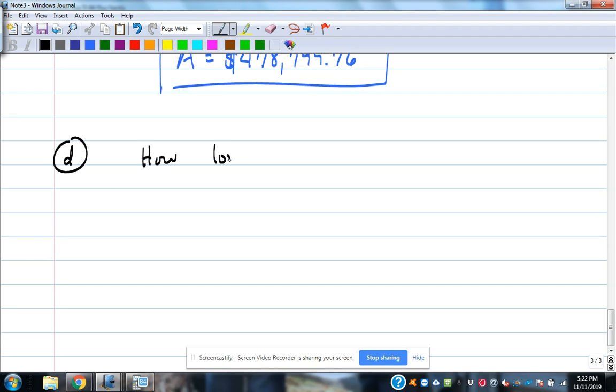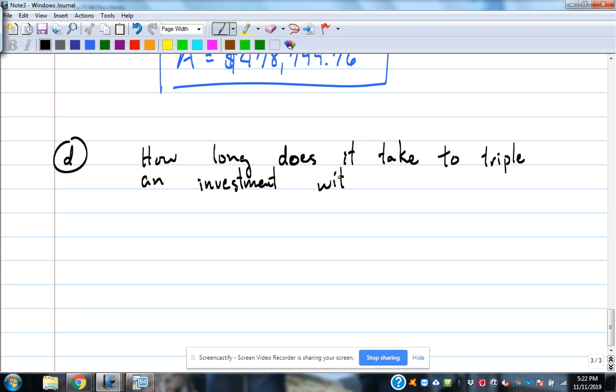How long does it take to triple an investment with 2.75% continuous interest?